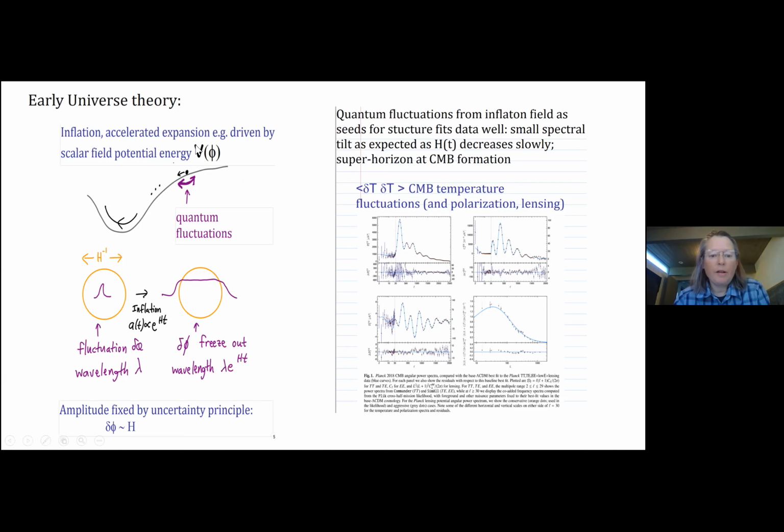And that acceleration, according to the rules of gravity, where the curvature of space-time is related to energy sources, that expansion is driven by some energy source, which is most simply modeled as a potential energy function for one or more scalar fields. We'll call that V of phi. And so there's some such energy that's driving accelerated expansion of the universe at early times.